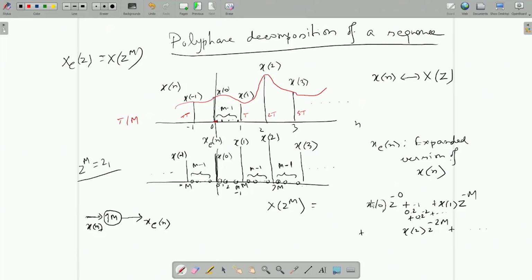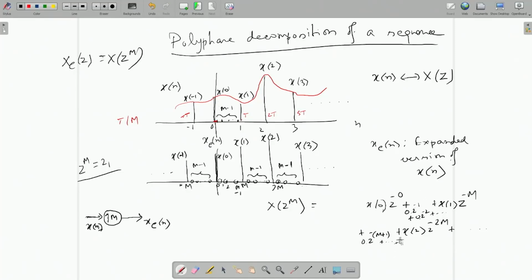So, between x0 z to the power minus 0 and x1 z to the power minus m, I can assume m minus 1 terms with value 0 and z to the power minus 1, z to the power minus 2 and all that. Similarly, between x1 z to the power minus m and x2 z to the power minus 2m, here again I can assume 0 value into z to the power something, minus m plus 1 and so on, all 0 values.